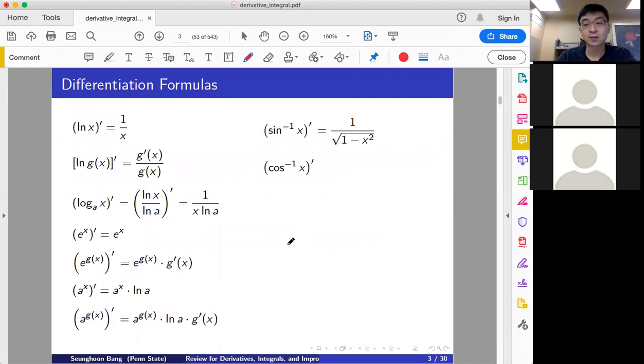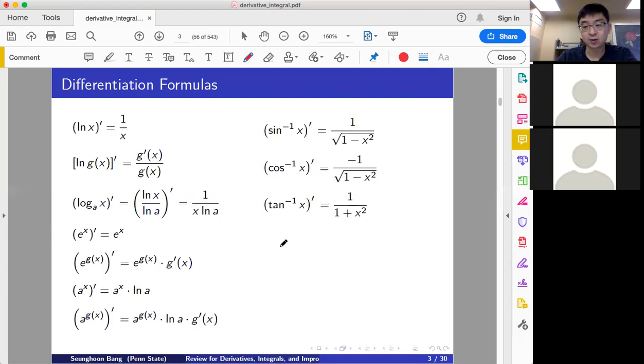Inverse cosine of x prime is minus 1 over the square root of 1 minus x squared. The inverse tan x prime. Do you remember what the inverse tan x prime is? Could you write your answer on the chat board? Yeah, you're right. 1 over 1 plus x squared.